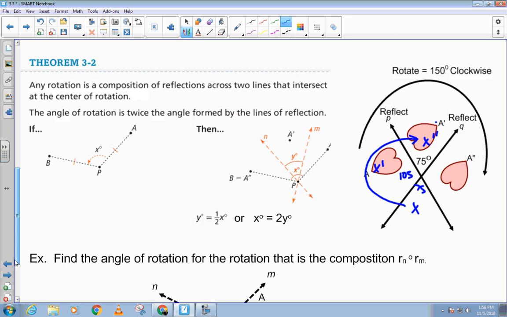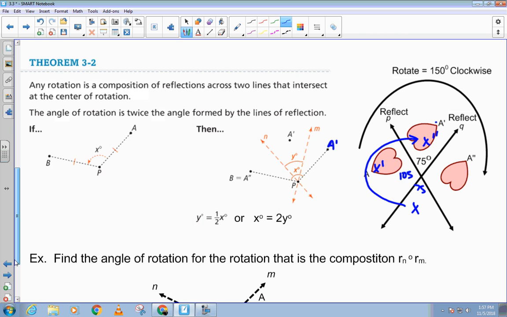Now, this picture here that they show you, here is your rotation from A to B. That's X degrees, right? So again, we're going from A to B. So they're showing that they reflected and they reflected again, and they wrote it as the smaller angle being half the angle of rotation.